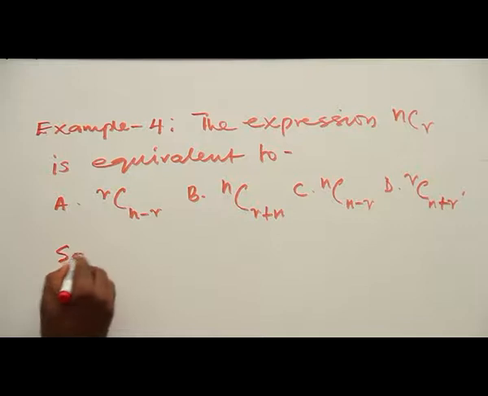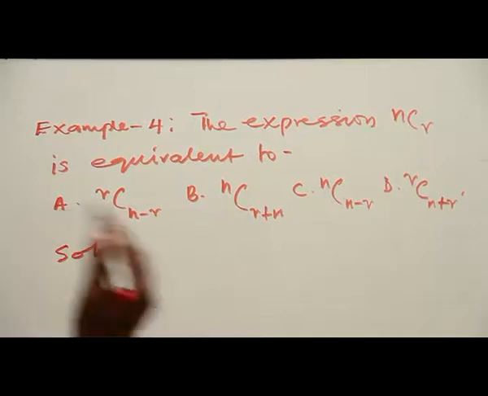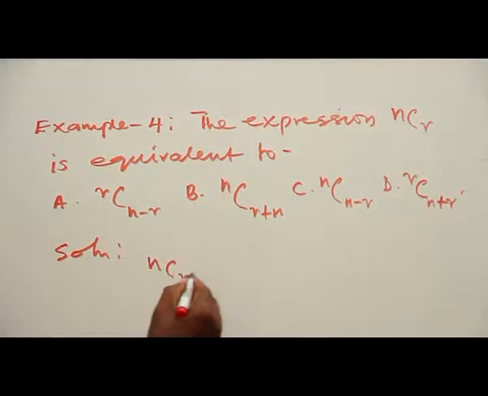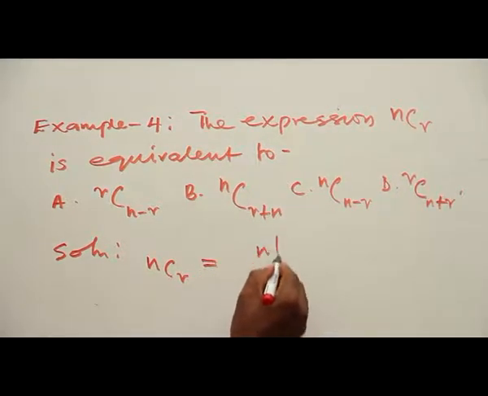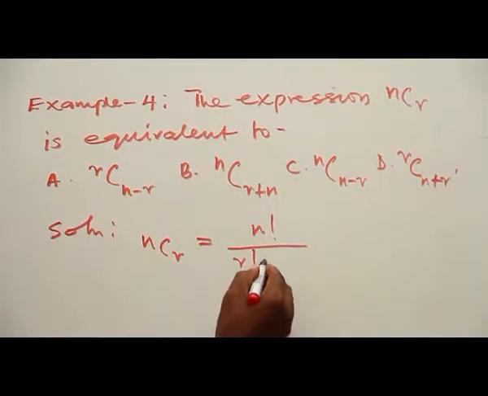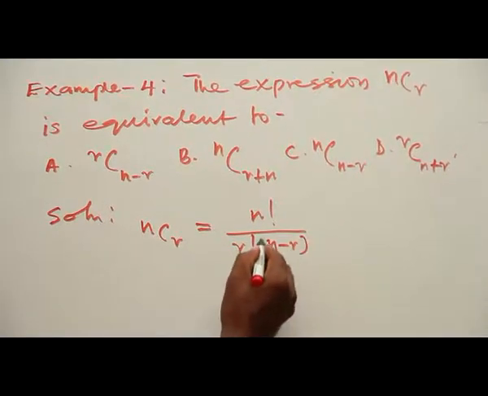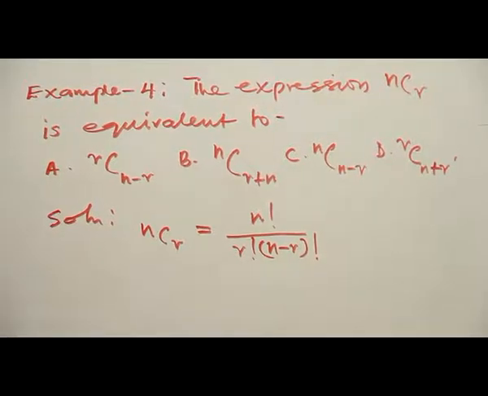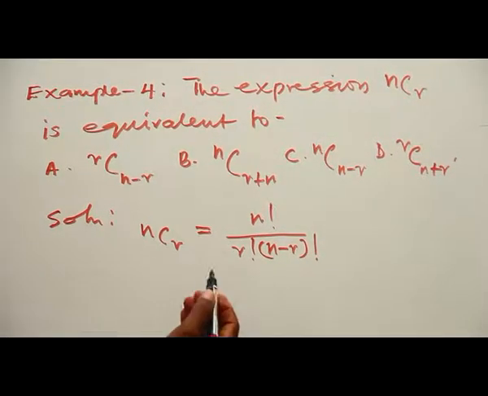Our solution: you will recall that your nCR is equal to n factorial all over R factorial into n minus R factorial. From the options given to us, which of them will be equal to this?